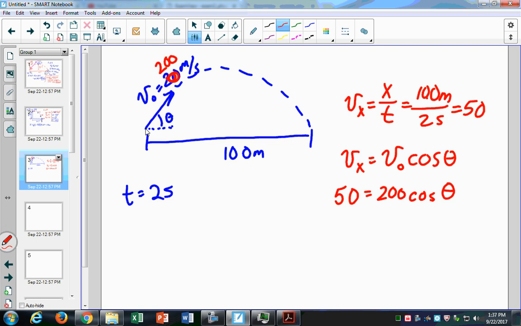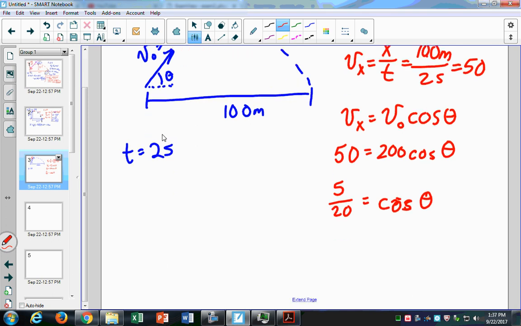You know how to do that? Let me show you. I would divide both sides by 200, so I get 50 over 200, or 5 over 20, equals the cosine of theta. And then I do the inverse cosine of both sides, or it might be called the arc cosine on your calculator, of 5 over 20, or 1 over 4, or 0.25, and then that would be equal to theta.